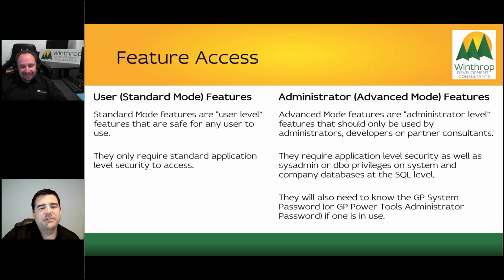But okay, a couple of quick slides here, especially on that last point, a little bit about security. Just like any other aspect of GP, there are some pieces that everybody needs access to in order to take advantage of it, and other areas that we want the administrators to control. There are different user levels as part of the install of the program.